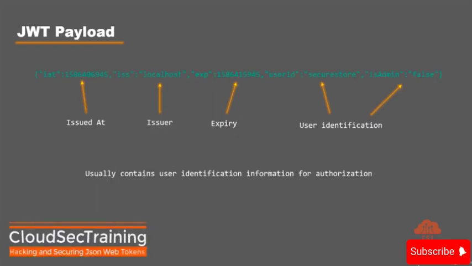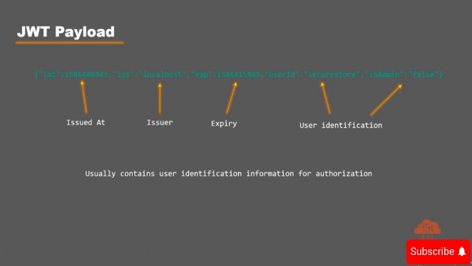Now let's understand the payload section of a JSON Web Token. Once again, this section is extracted from the same token that we have been using. If you look at this, the payload section typically contains some user identification information. There is a key value pair which says the user ID is secure store.